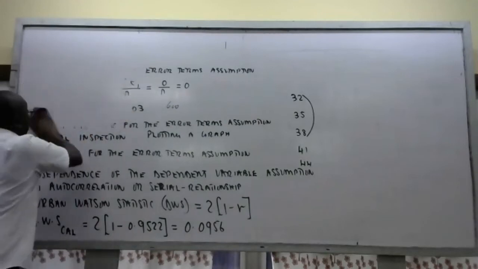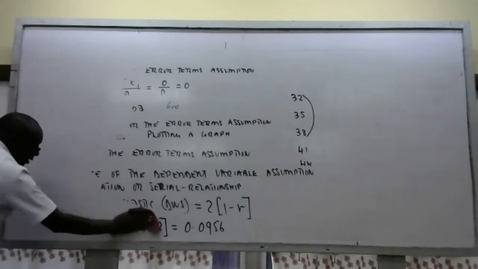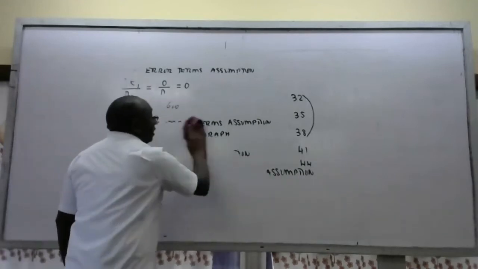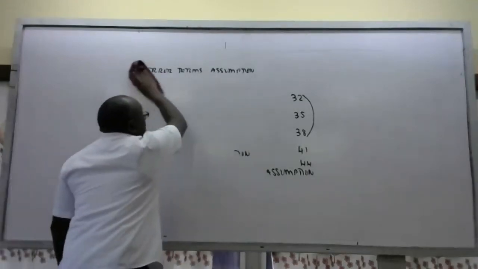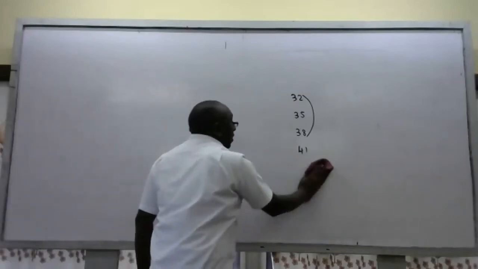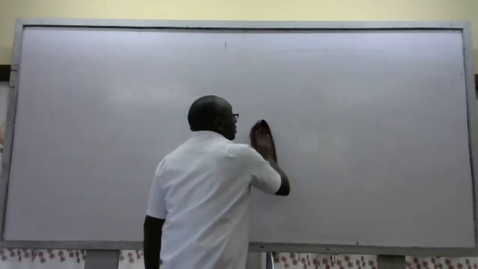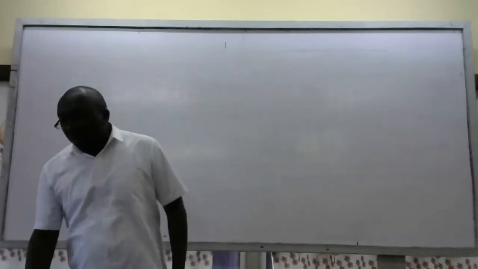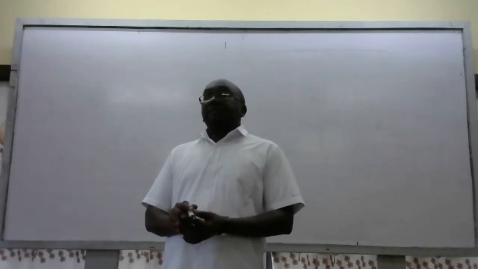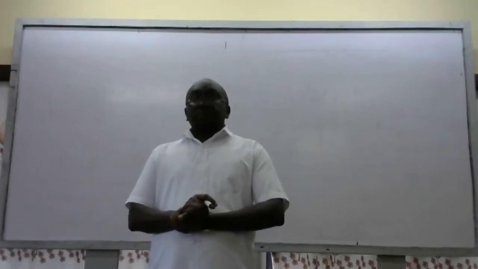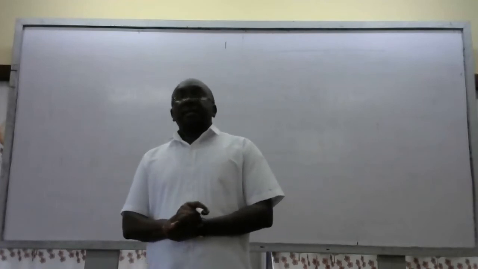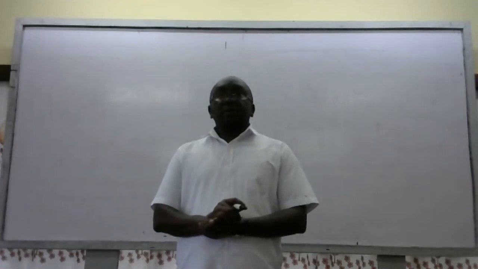That was assumption number 5, so now number 6: independence of independent variables assumption.